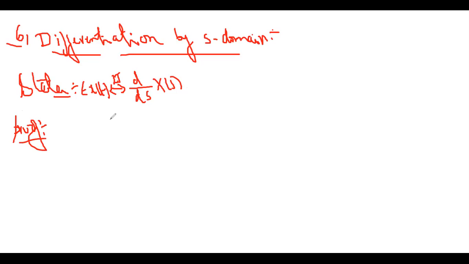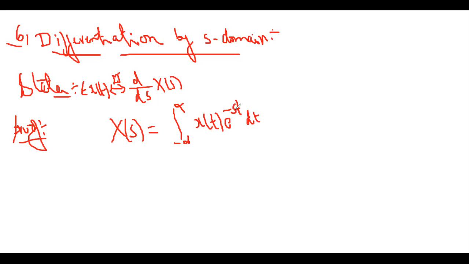According to the definition of the Laplace transformation, X of s is equal to integral from minus infinity to infinity of x of t e power minus st dt. The only difference between the Fourier transformation and the Laplace transformation is that instead of s, there is a j omega.